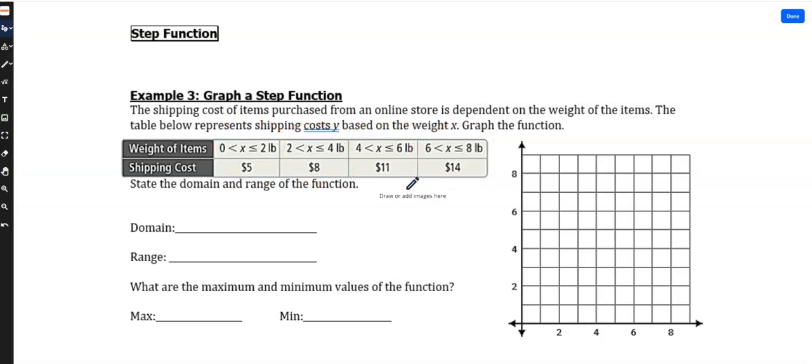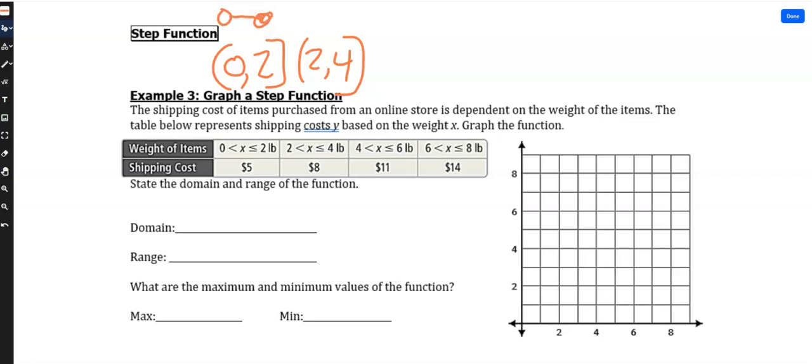Now notice every one of those is open on the left and closed on the right. So every time we do this, we're going to be open on the left, closed on the right.